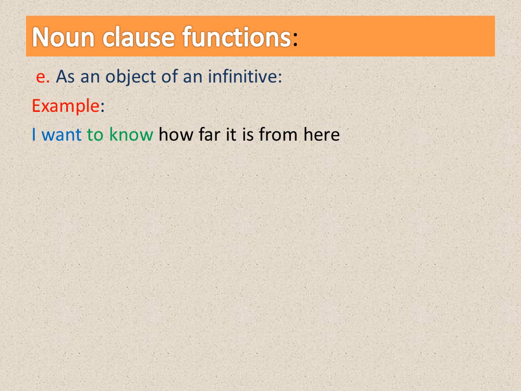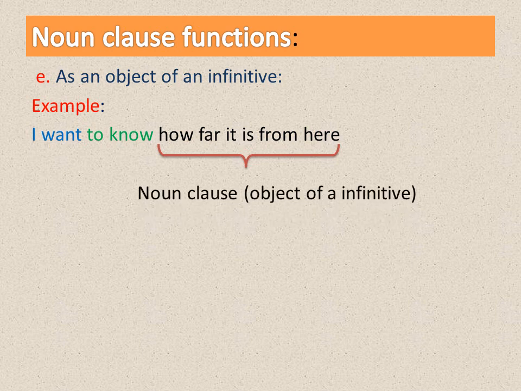It is depending on a main clause for its meaning. It is a noun clause also because the subordinate clause is started with the word how far. So in this sentence, the noun clause how far it is from here is acting as an object of an infinitive to know.